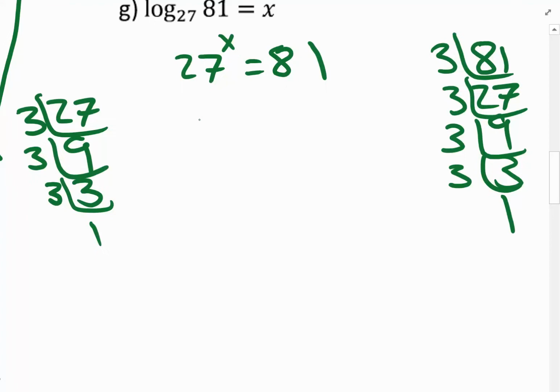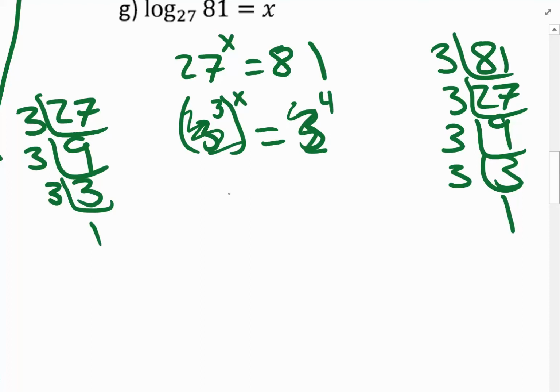I've just found that 27 is 3 cubed and 81 is 3 to the 4th. Go ahead and cancel the base. So we have 3x equals 4. Now divide by 3.